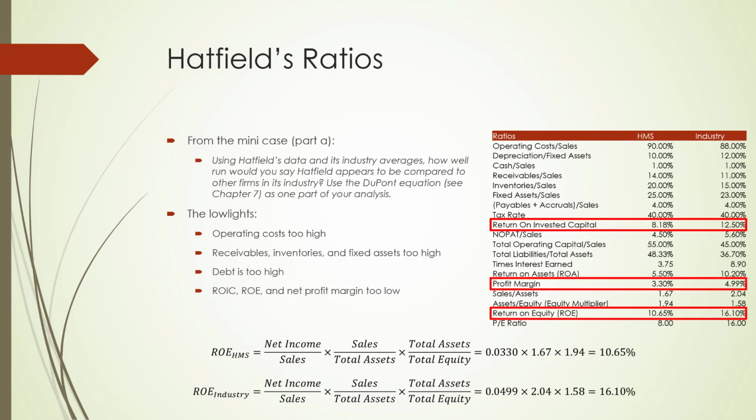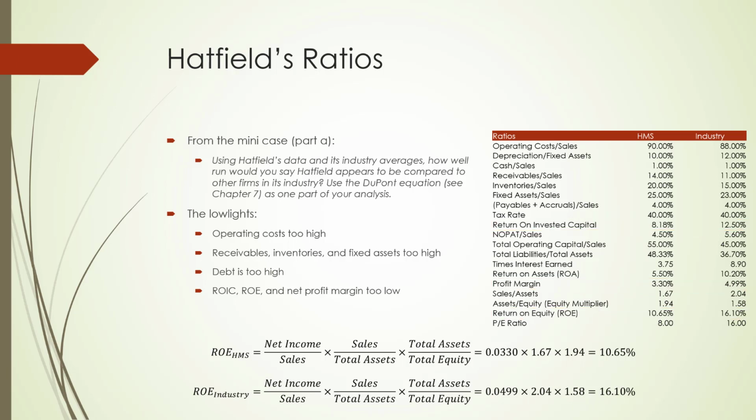In other words, they're not as profitable as they should be. You can see here that return on equity is 10.65%, but the industry is at 16.1%. And the net profit margin is 3.3% versus 4.99% for the industry. So the point here is that the firm is underperforming and therefore the market has undervalued the stock.